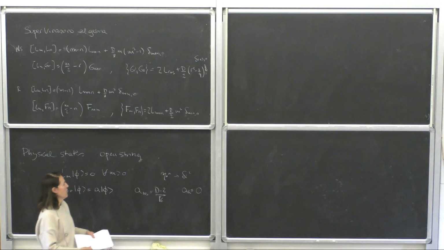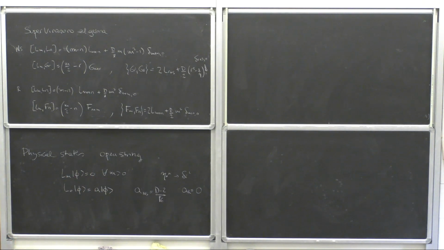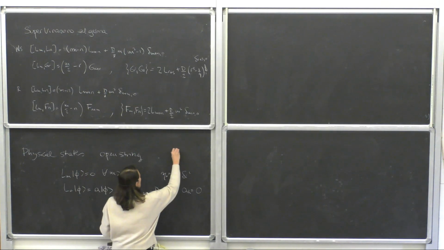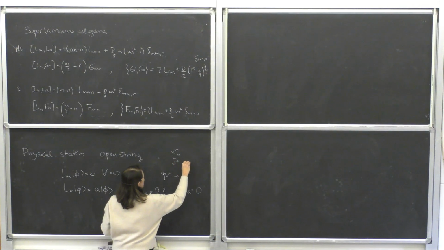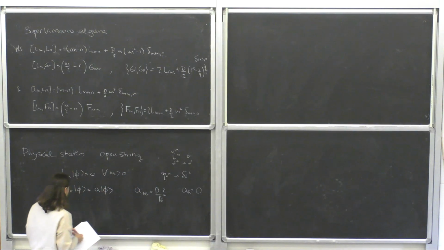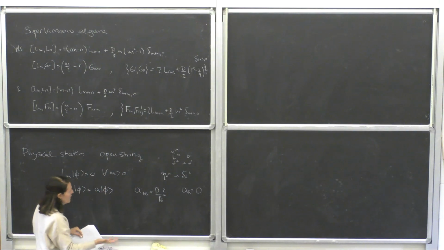And also to count the number of physical states in a quick and dirty way, whenever you see an alpha mu or b mu or d mu, you just replace it by an i, and then that will give you the right number of states.